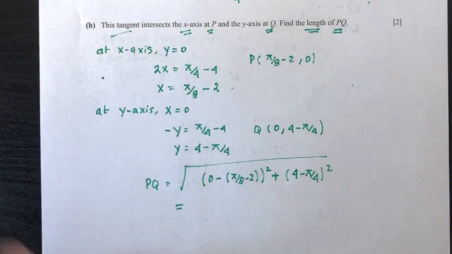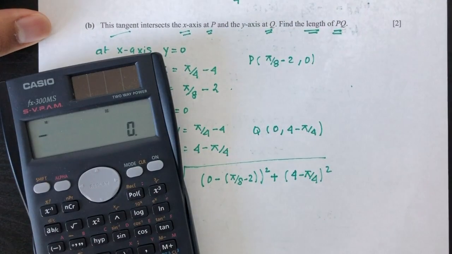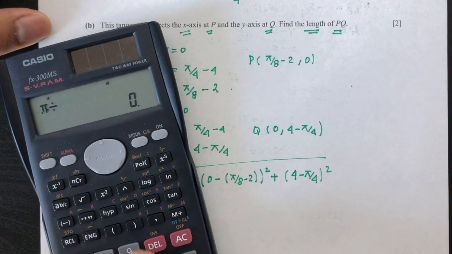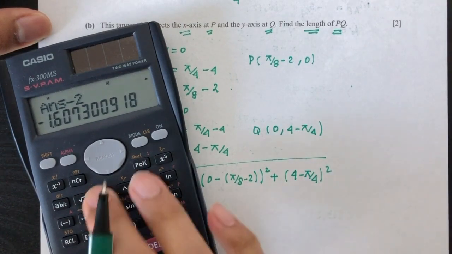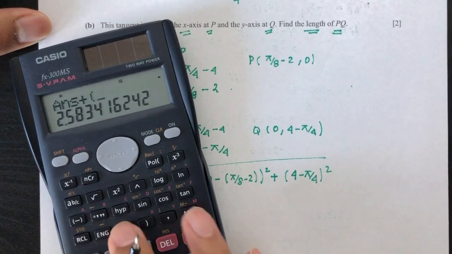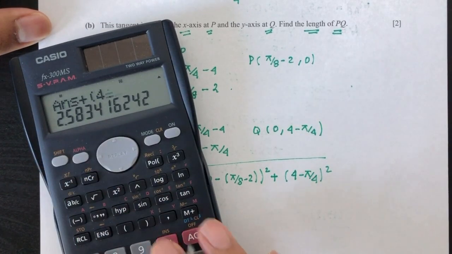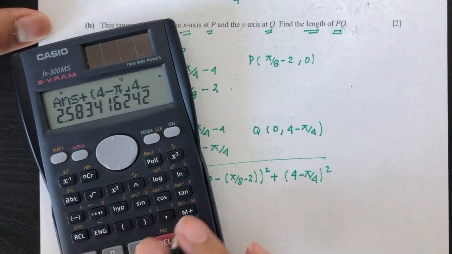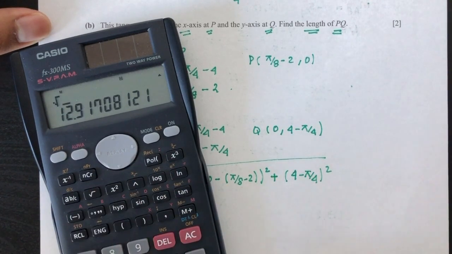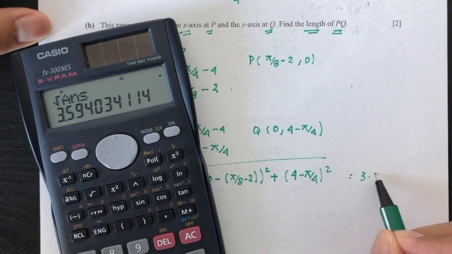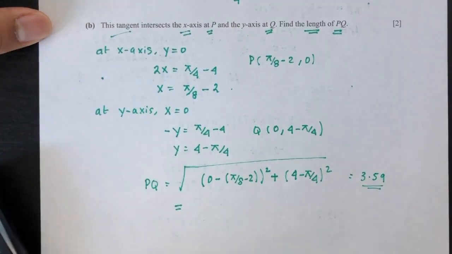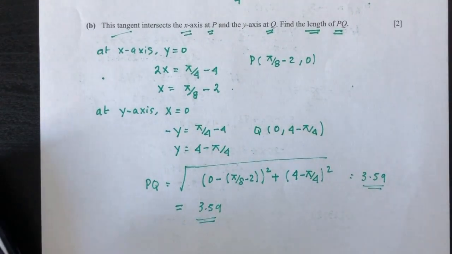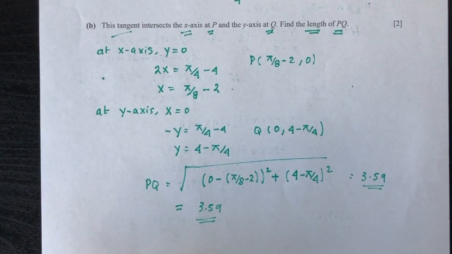So if you solve this in the end, let's see what we have. You will have pi divided by 8 minus 2 square plus 4 minus pi over 4 square, and the square root of that will be 3.59. So the length of PQ will be 3.59, and that is question number 6.